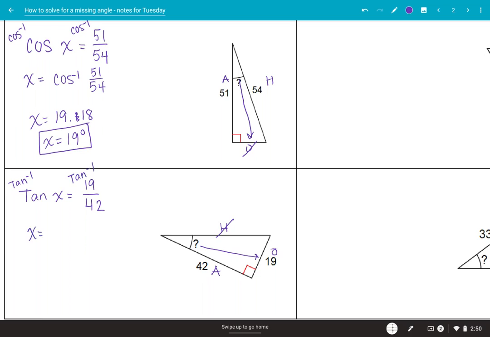So x equals tan negative 1, 19 over 42. Okay, so second tan, 19 divided by 42, we get 24.34, which is going to be 24 degrees. Sometimes we round, sometimes we don't.